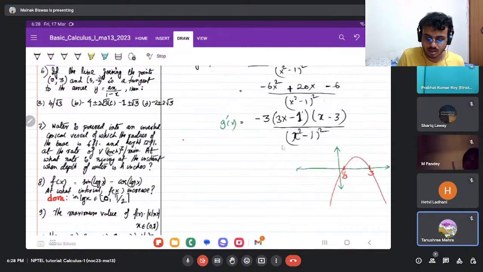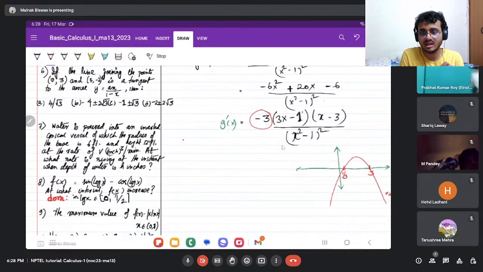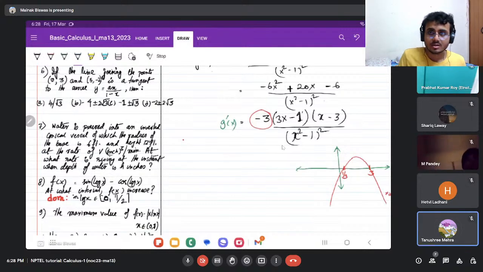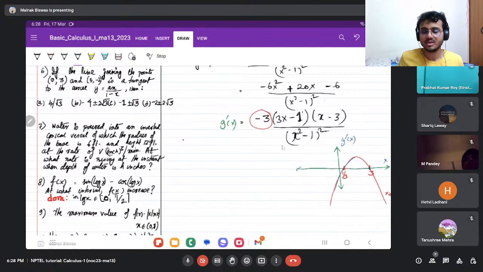Because at x equal to infinity, all of these are positive, but you have a negative sign outside, right? So this is your g prime of x, right? So you see on the left, x less than 3 and x greater than 3, what is the sign of the function?